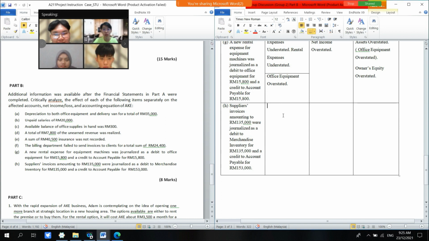So me again. The additional information says supplier invoices amounting to 135,000 were recorded as a debit to merchandise inventory for that amount and a credit to accounts payable for 153,000 ringgit Malaysia.